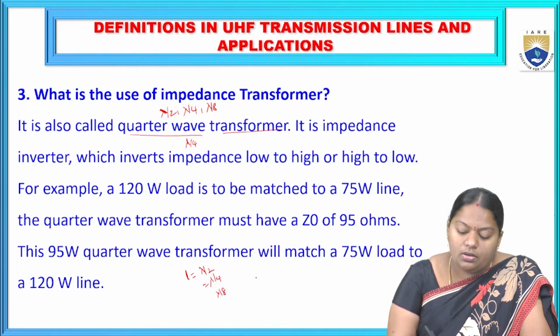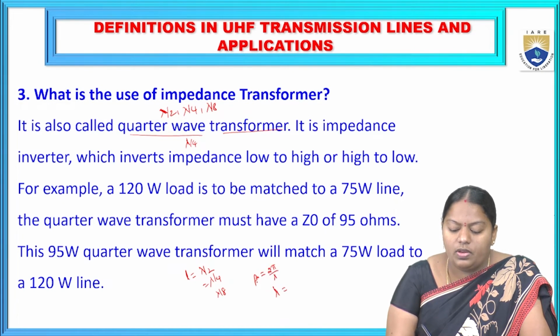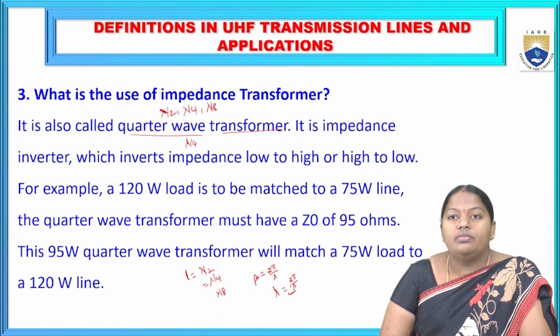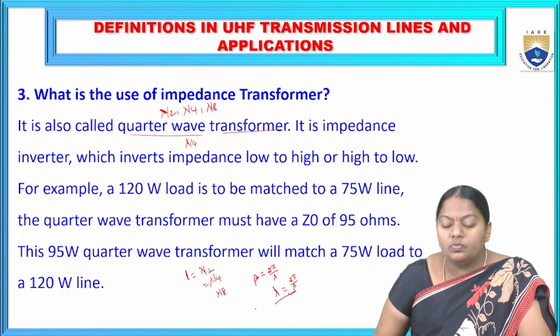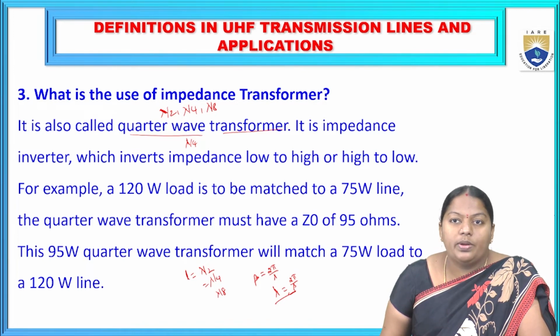Depending upon the phase constant, beta is equal to 2 pi by lambda, or the wavelength can be defined as lambda equal to 2 pi by beta. After every 2 pi radians the phase changes, and this change is considered along with the wavelength. So lambda is equal to 2 pi by beta, and from that, beta equals 2 pi by lambda.